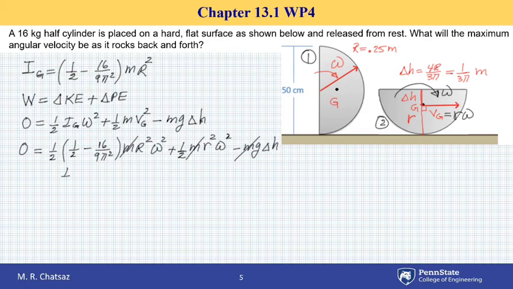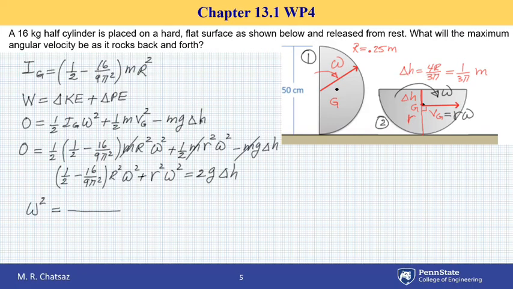Therefore, I'll have 1/2 minus 16 over 9 pi squared quantity cap R squared, I should say, omega squared plus lowercase r squared omega squared equal to 2g delta H. Then I can factor out omega squared and solve for it, which gives me 2g delta H divided by 1/2 minus 16 over 9 pi squared cap R squared plus lowercase r squared.